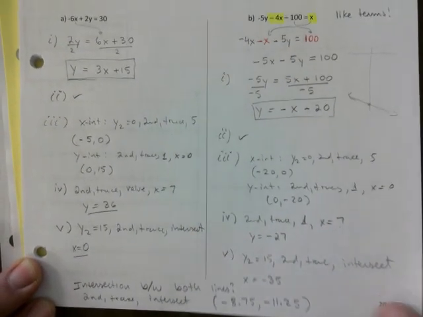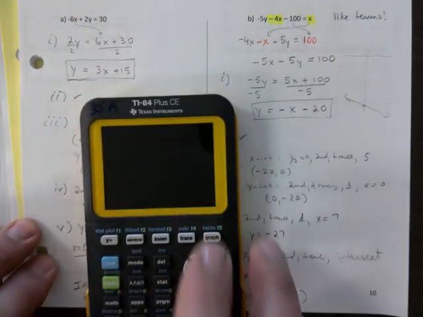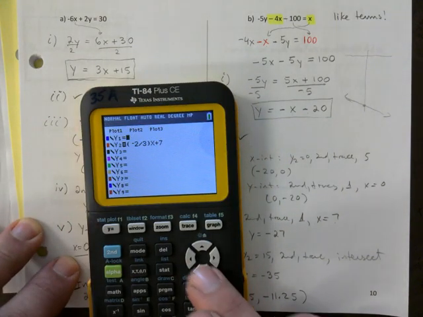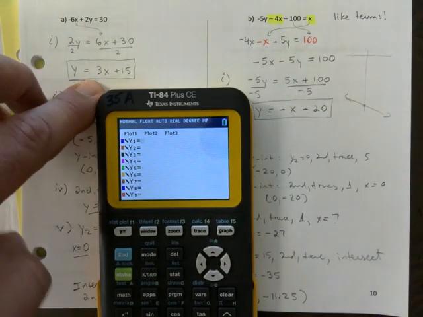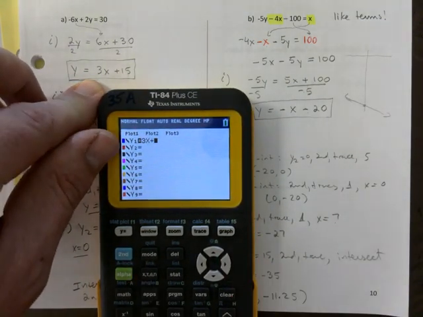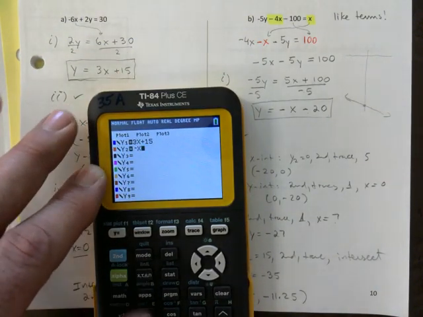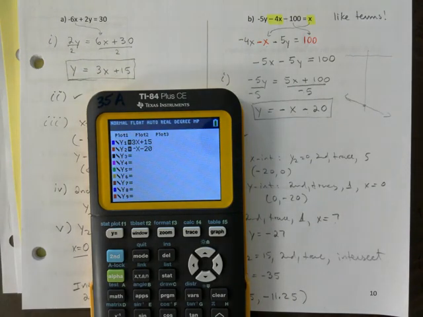So we're going to continue with these two. I want you to type them into your calculators one more time. Okay, and this is a good practice to figure out your window. So I'm going to type this one into y1, 3x plus 15, and type in the other one, -x minus 20. Again, you just keep practicing these skills and you should see the connection.